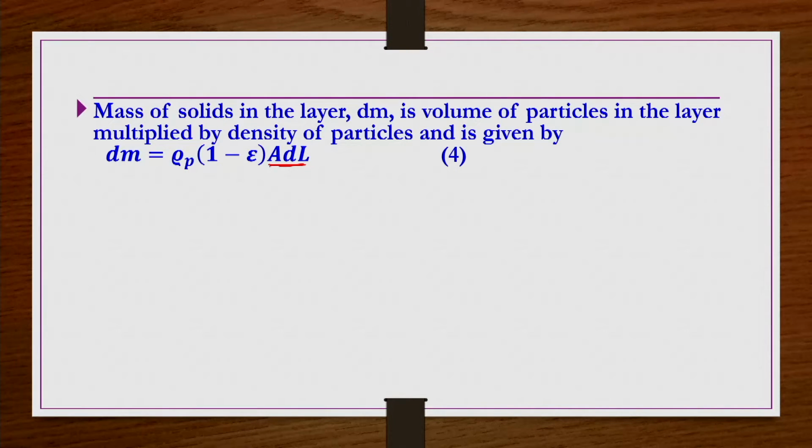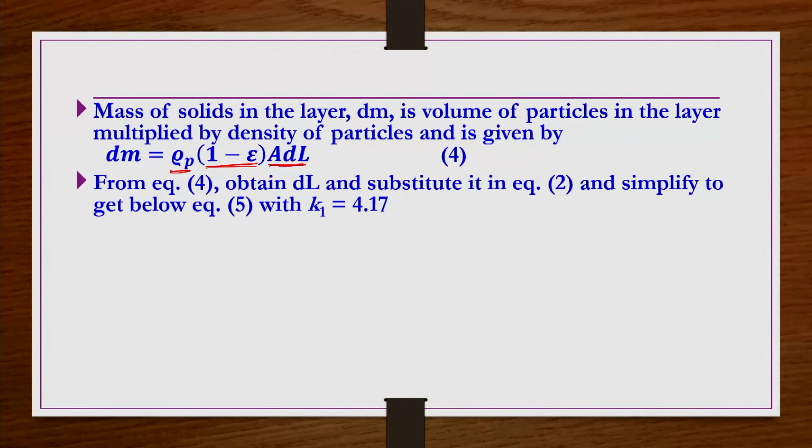If you multiply that by 1 minus epsilon, which is nothing but the volume fraction of the particles in that layer, that gives the volume of particles. So (1 minus epsilon) A dl is the volume of particles, and if you multiply it by the density of particles, you get the mass of the particles present in that layer of cake of thickness dl. Okay.